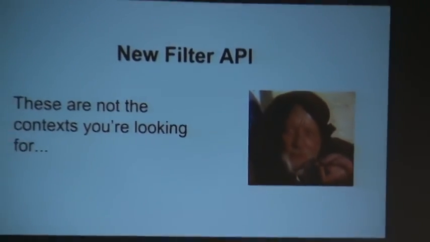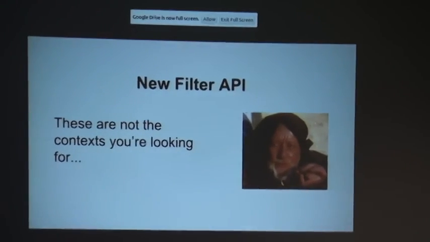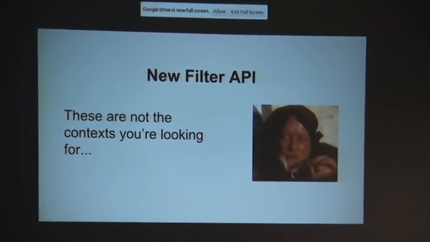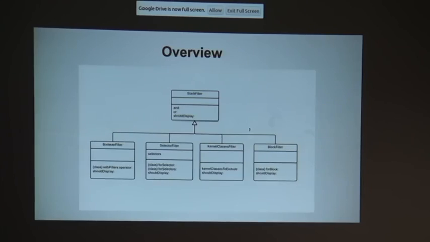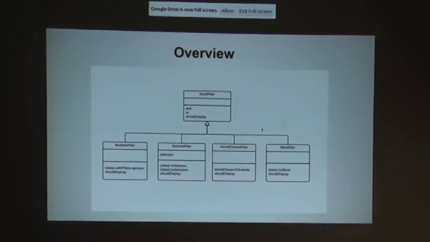So, what did I do? One of the things that were missing during the migration from the old debugger to the new one was support for filtering the stack. We were showing the full stack, and most of the time you don't want to see the full stack because there are a lot of methods that you don't really care about. So after a couple of iterations, we came up with a hierarchy of filters.